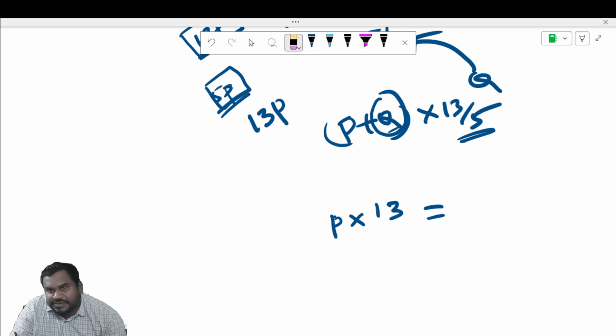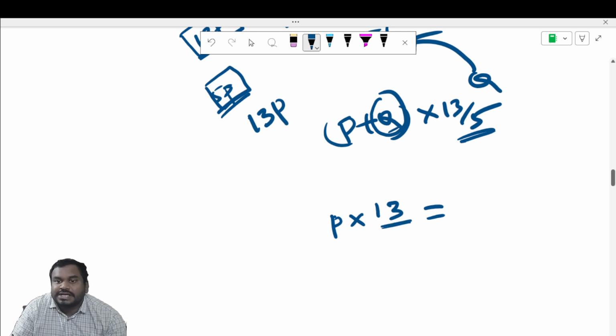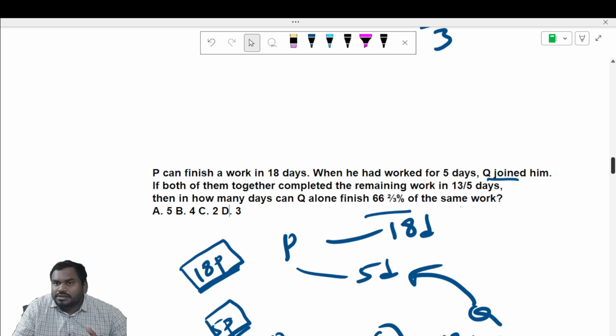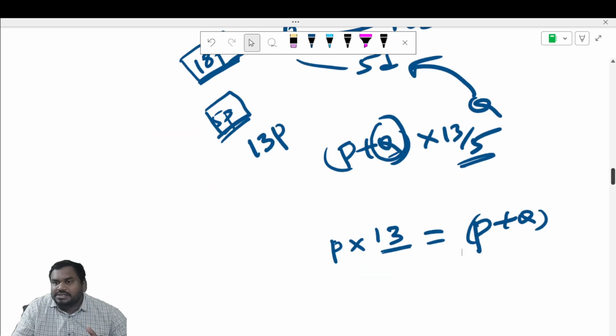See, P is the efficiency per day. So with P efficiency, he worked for 13 days. So it means 13 into P is the total work which has to be completed. But P did not complete it alone. He took Q's help and worked for how many days? 13 by 5 days.